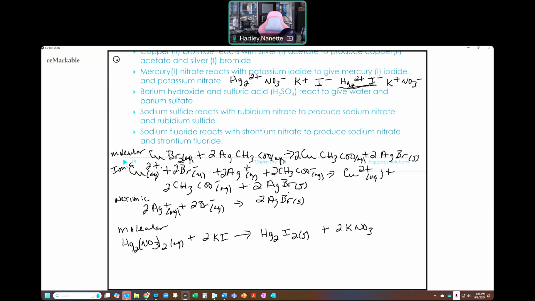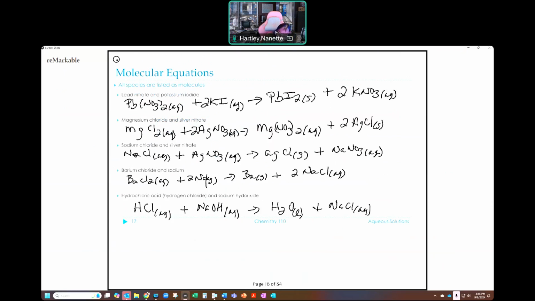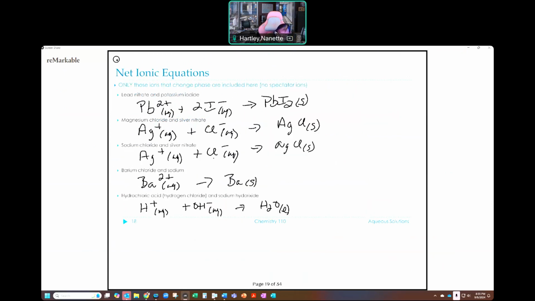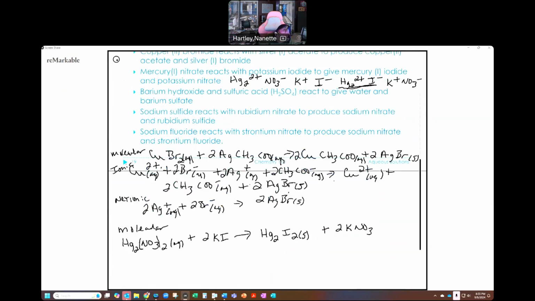So I have 2 Ks, 2 Ks, 2 NO3s, 2 NO3s, 2 Is, 2 Is. And so I know that that is balanced the way it's supposed to be. And this is aqueous as well. This is aqueous. So that's my molecular equation.